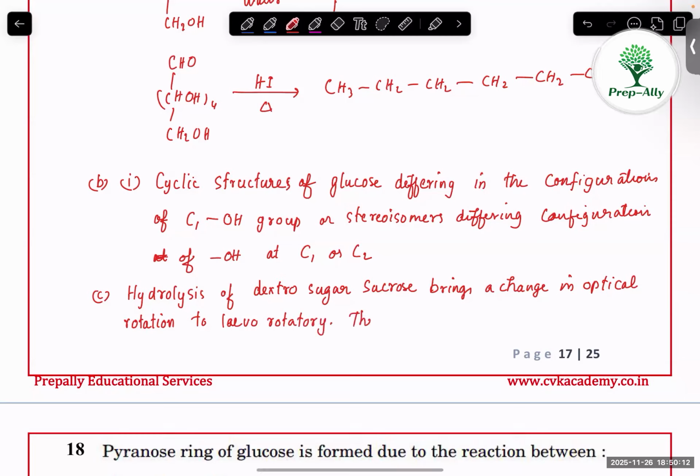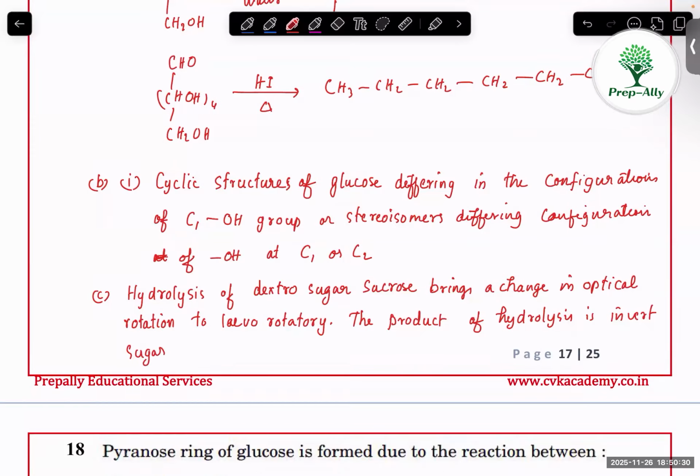So the product of hydrolysis is invert sugar. So you can write this in many different ways.